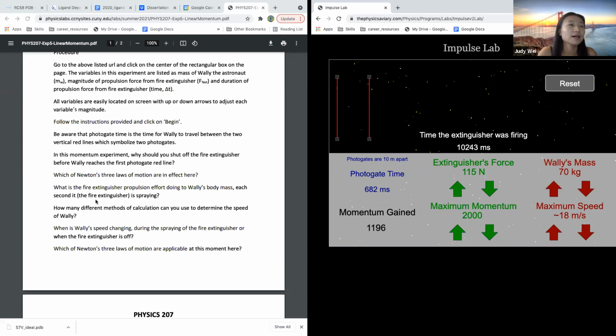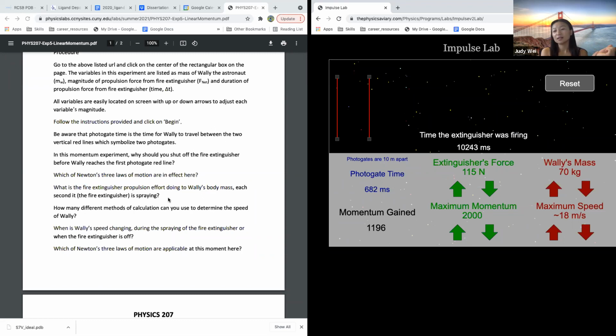Okay, so next one: what is the fire extinguisher's propulsion effort doing to Wally's body mass each second it is spraying? Like I said, when the fire extinguisher is spraying, outer space will give the opposite force to the fire extinguisher and therefore to Wally's body.